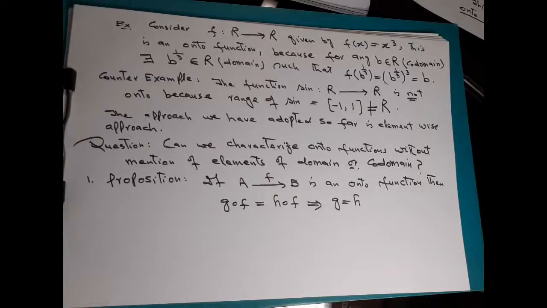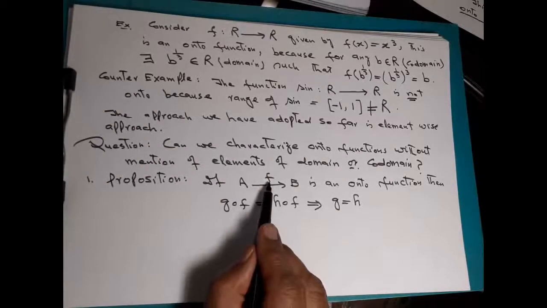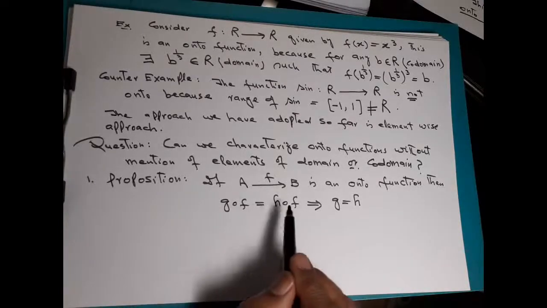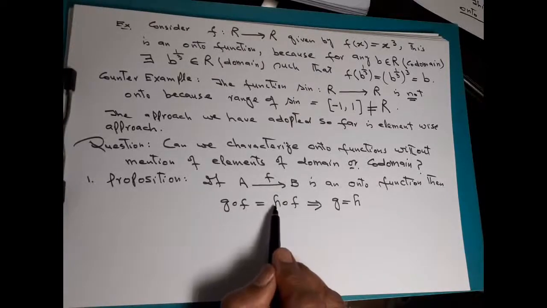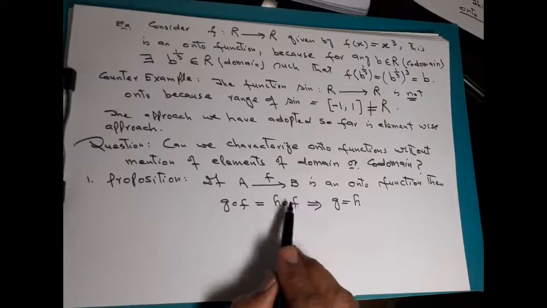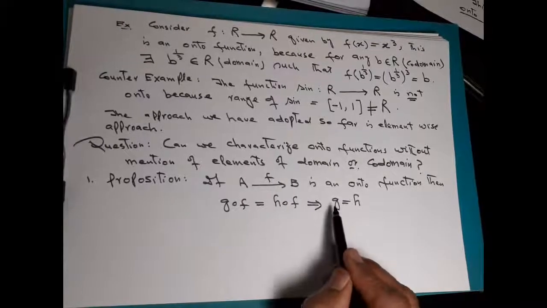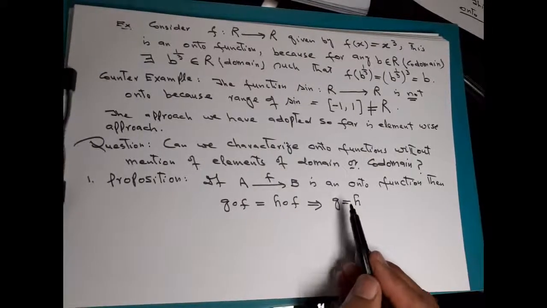We have in our mind that when we write G circle F, it is defined. So anyway, if f is a function from A to B and this function is onto, then if the composition of this function with G and the composition of this function with H are equal, then G is equal to H.